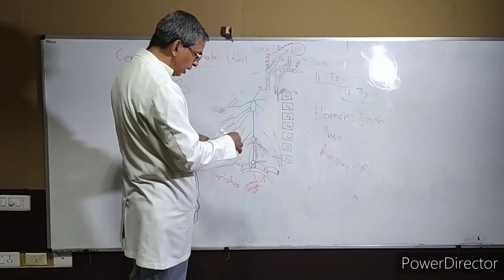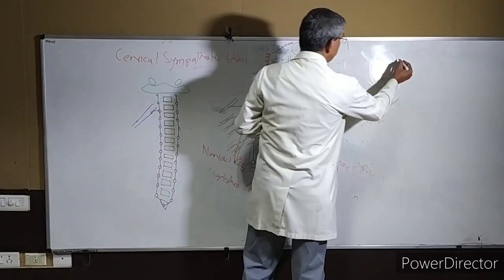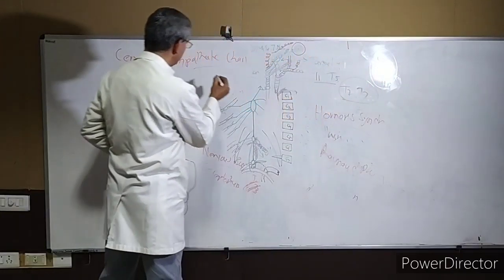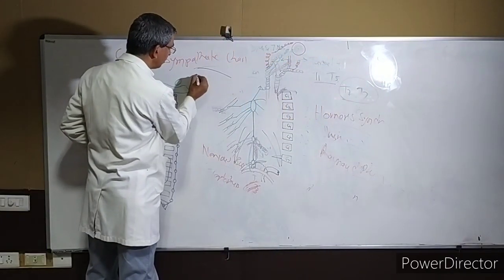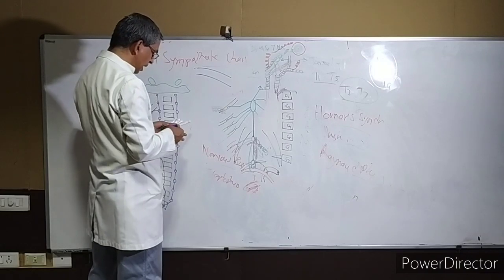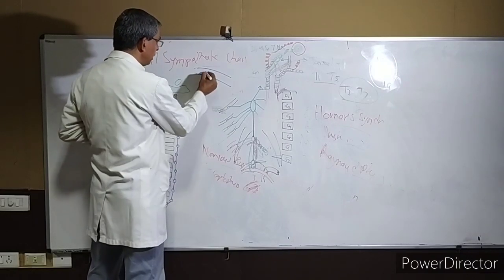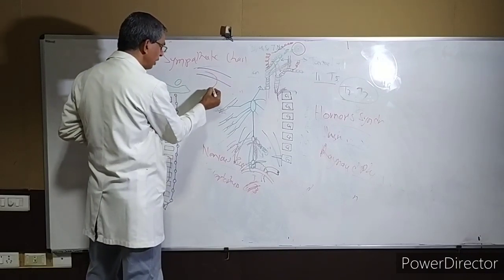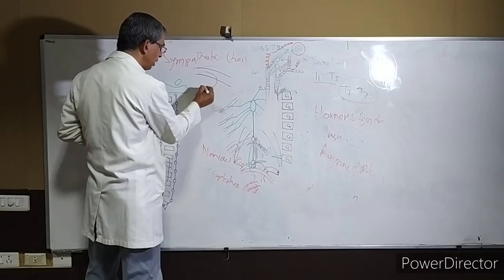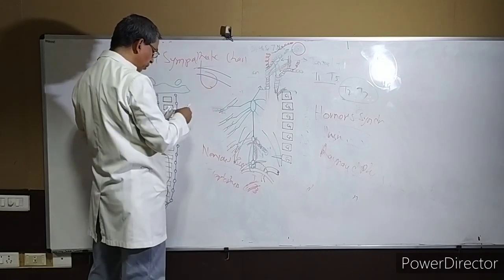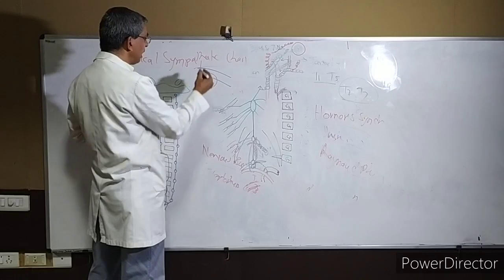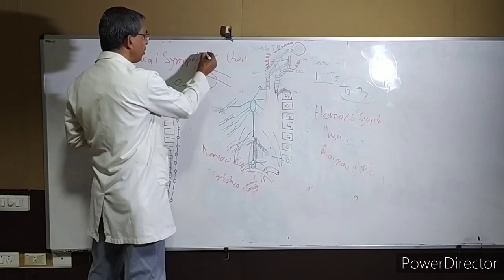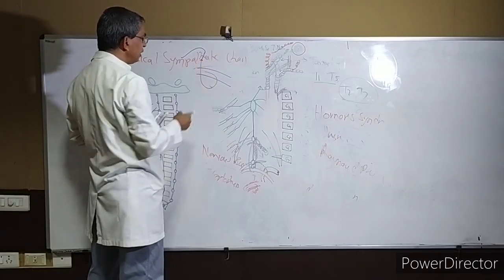I told you here, this is the spinal nerve. Suppose this is one spinal nerve here, and these are the preganglionic fibers. The preganglionic fiber ascends upward and reaches the inferior cervical ganglia, and the postganglionic fiber starts and enters the spinal nerve.